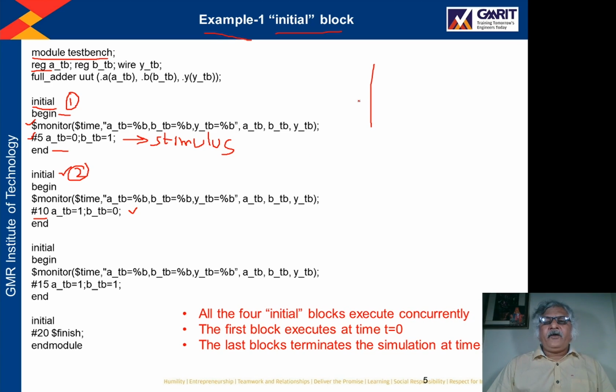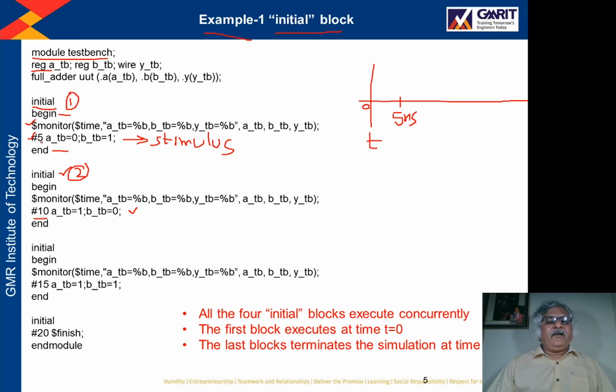Let us assume this is your simulation and here is time 0 of the simulation. When the time advances, suppose the unit for the time we are taking is microsecond. So when the time advances to 5 microsecond, in initial block number 1 we have written hash 5.